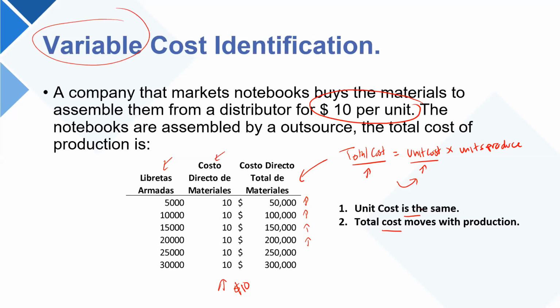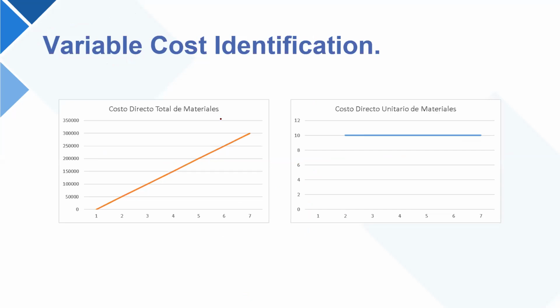No questions? No, teacher. Let's see it as graphs. So total materials, again, this is time and this is money. You can see how as time goes by, it costs you more, because production moves with time. So this will be the total variable cost.